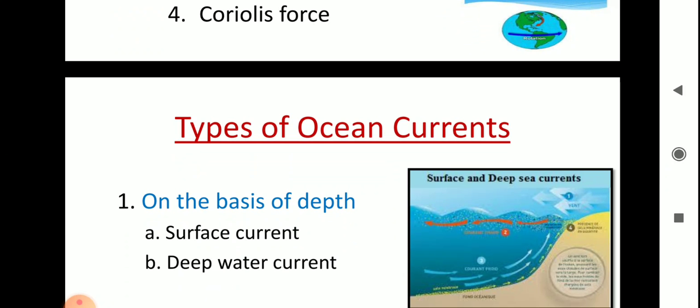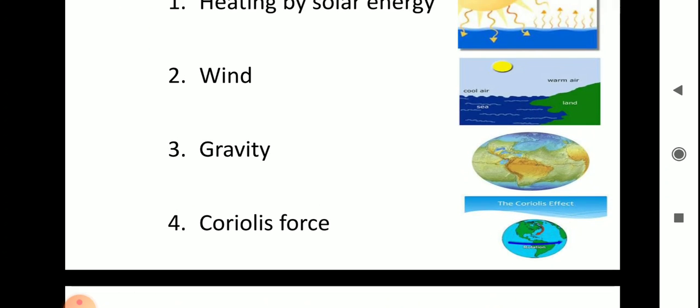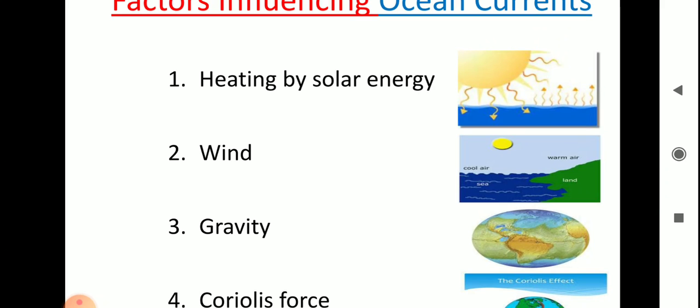Before this I wanted to explain heating by solar energy. Heating causes expansion of the water. The expansion is definitely more where it is closer to the equator, so the equator has more expansion of water as compared to the polar area.